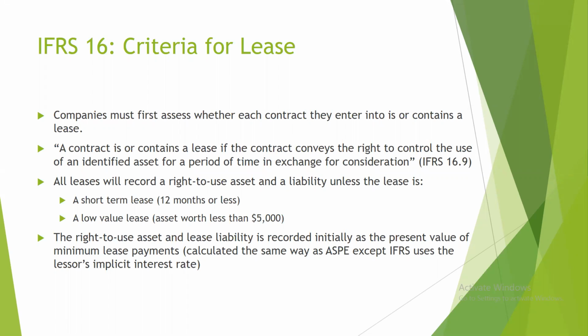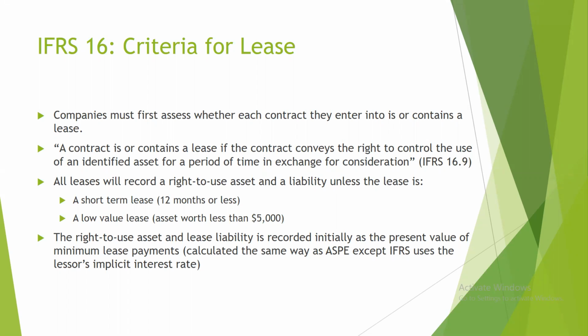So the only two times it could be recorded as an operating type lease is that it's a short-term lease, so 12 months or less, or it's a low value lease, so the asset being worth less than $5,000. In either of those instances, you can just record the lease payments as a debit to lease expense, a credit to cash.